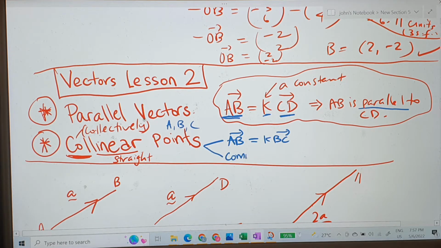In this case it is B. The common point can be A, B, or C depending on the question. So that is the concept behind this. Now, when I write AB equals k BC, what does this imply? It implies that AB is parallel to BC.